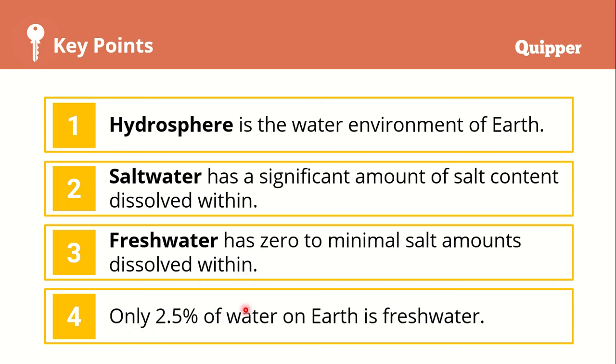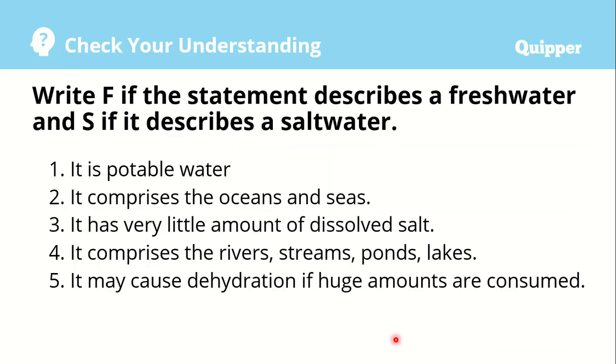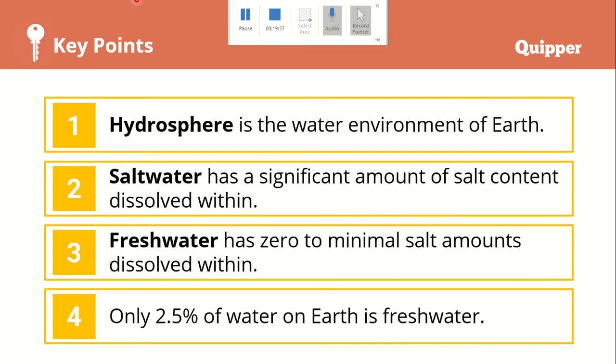Tapos only 2.5% of water on Earth is fresh water. Okay. Alright. So that would end our discussion for lesson 2.